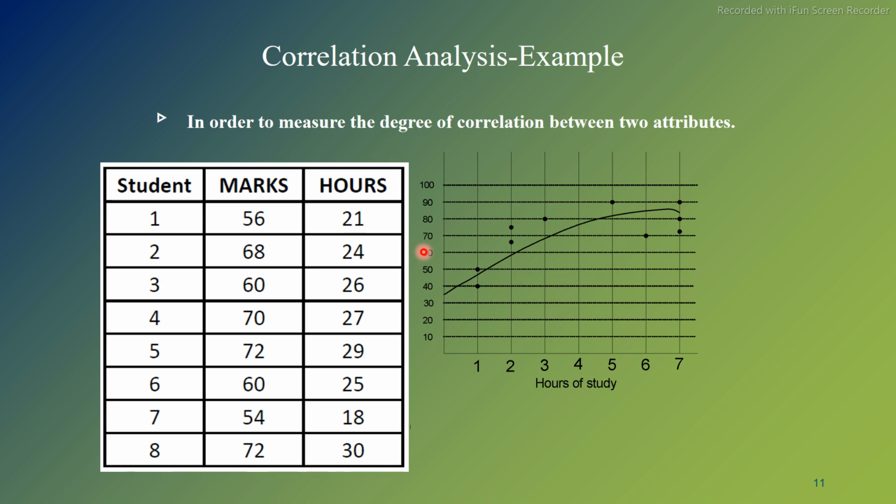Never jump and say correlation is causation, because there is the intervention of a third variable which we can't see. If you have that variable, then only can you conclude about correlation and causation.